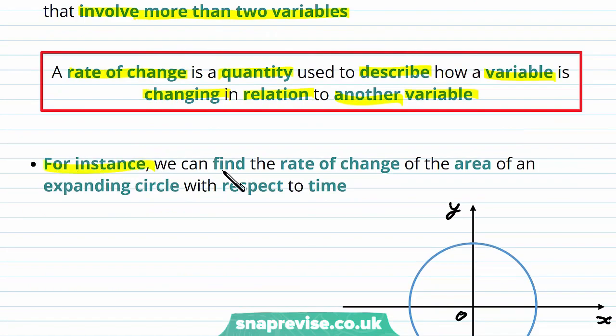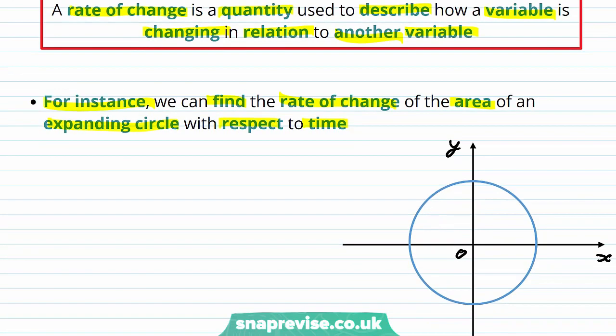For instance, we can find the rate of change of the area of an expanding circle with respect to time. Now, the first thing we need to do is to identify how our radius r of the expanding circle is changing with time. And suppose that we're given in particular that at a time t, the radius r is equal to t squared plus 1.